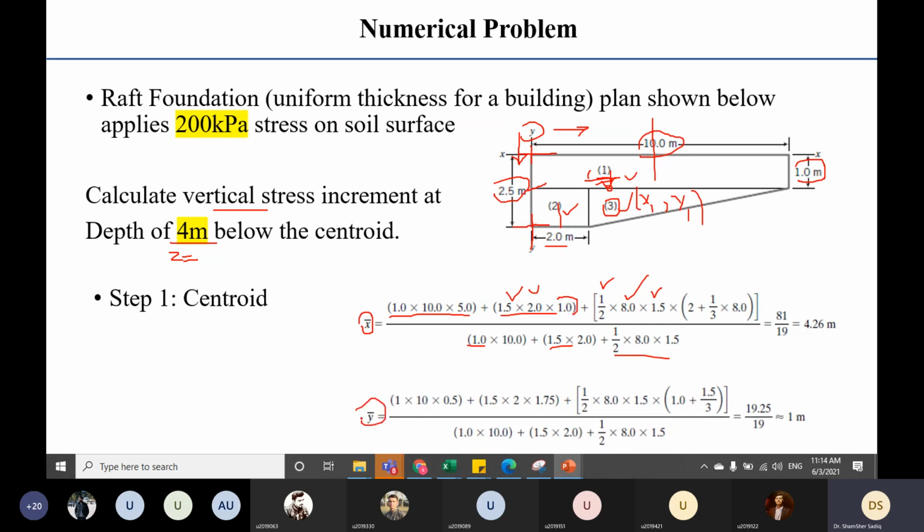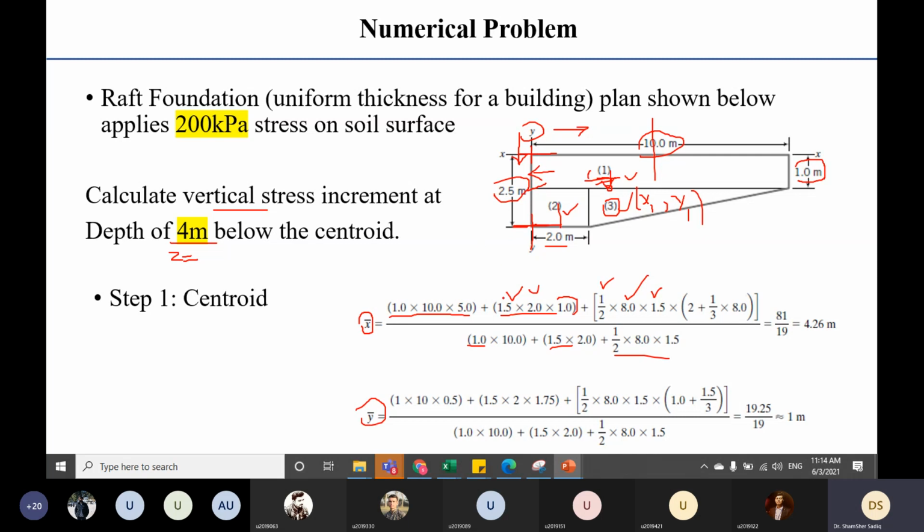So for y bar, you have to first calculate the moment of areas along the x-axis. Now for example, if this is area 1, which is 10 multiplied by 1, its moment arm will be located here, and about the y-axis it will be 1.5 plus 0.5.